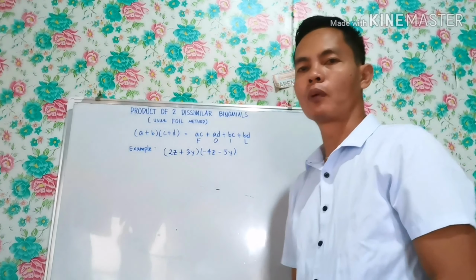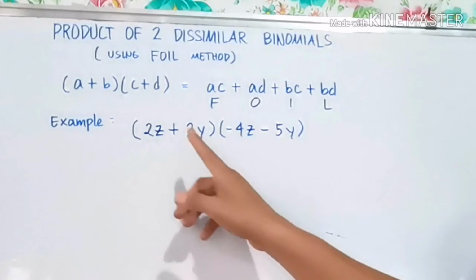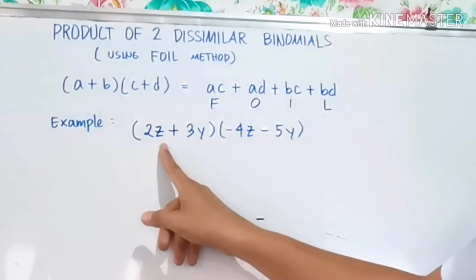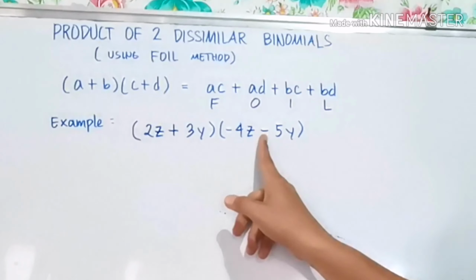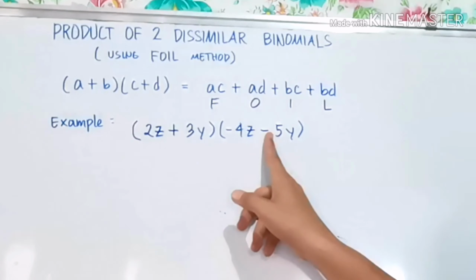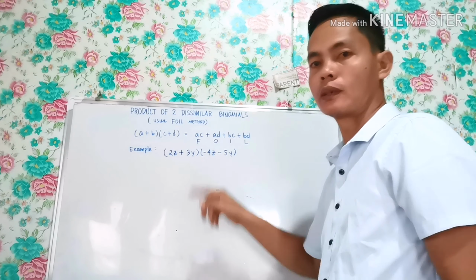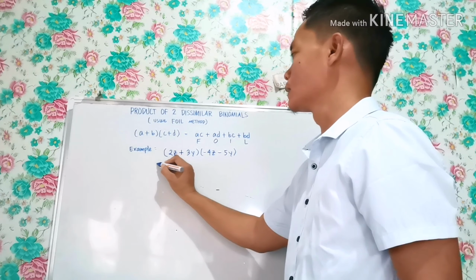Our second example is like this. What if the binomials have negative signs? Let's try to simplify.